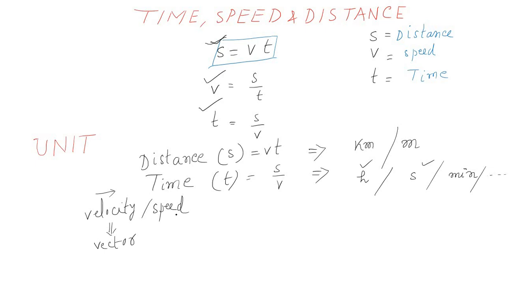Speed is a scalar quantity because it has only magnitude, but their units are the same because they are dimensionally the same. The equation is s by t, and its units are kilometer per hour and meter per second.